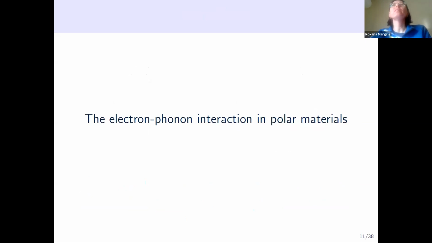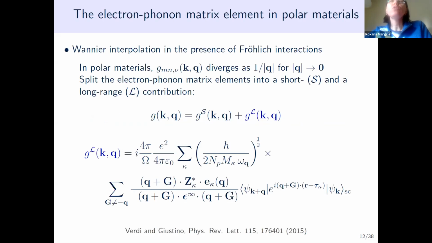Before showing the examples on superconductivity and transport, I just want to mention a special case: the electron-phonon interaction in polar materials. In this case, some electron-phonon matrix elements diverge as 1 over q when q approaches gamma.